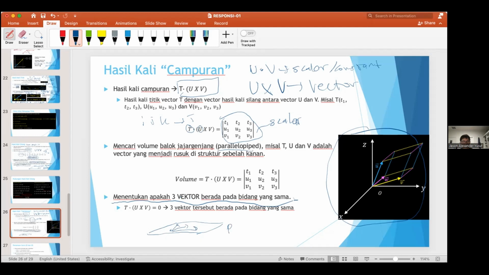The idea of using u cross v is to show that it is inside here, and to show that t dot u cross v equals 0 shows me... sebentar.